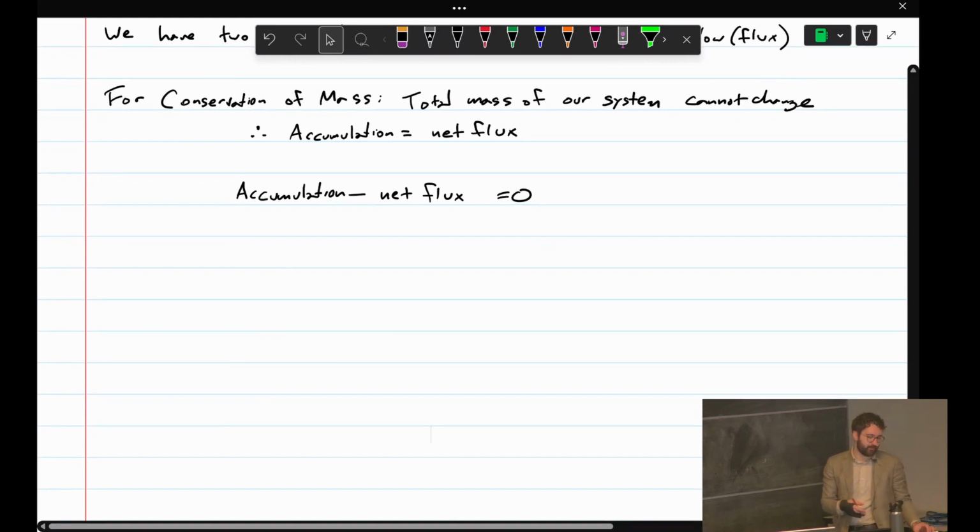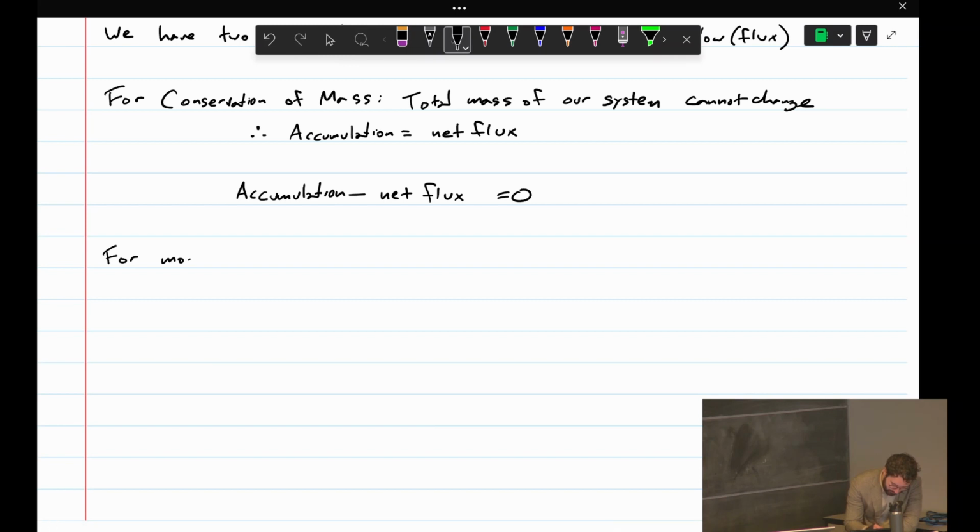So this is not the case for momentum. So how can we change the momentum of our system? Say we have a control volume. How do we change the momentum of the control volume? It's just Newton's second law, right? Yep. Apply a force. So you can change the momentum of something if you apply a force to it.